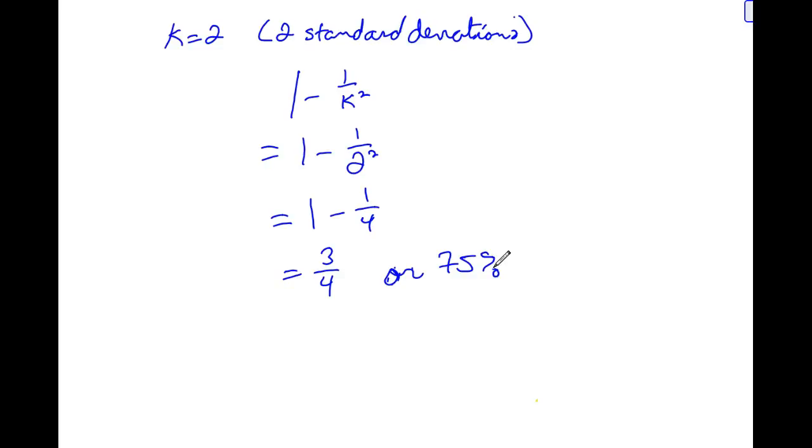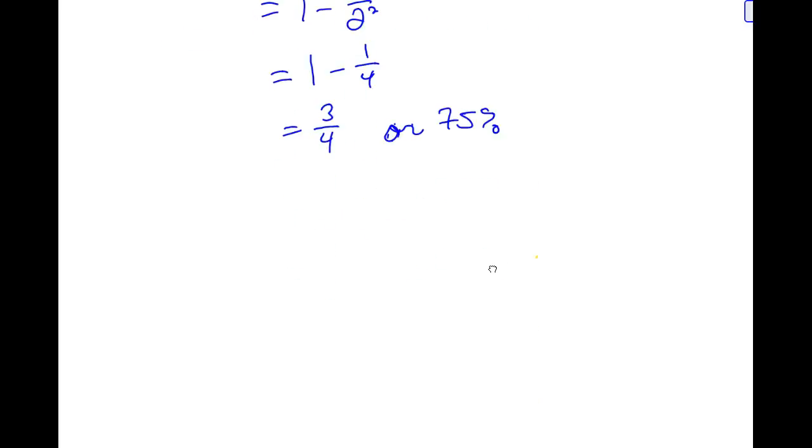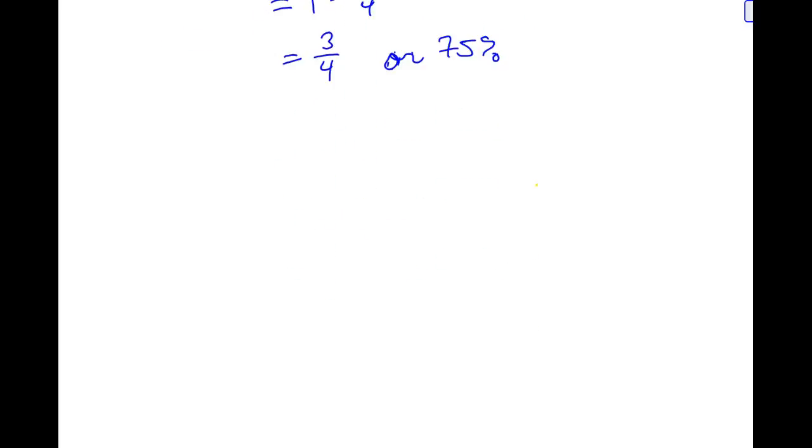Recall from the empirical rule, we said 95% will fall within 2 standard deviations. This just says at least 75%. So this is still adequate for those that are approximately symmetric. We can also figure it if k was 3, so 3 standard deviations.